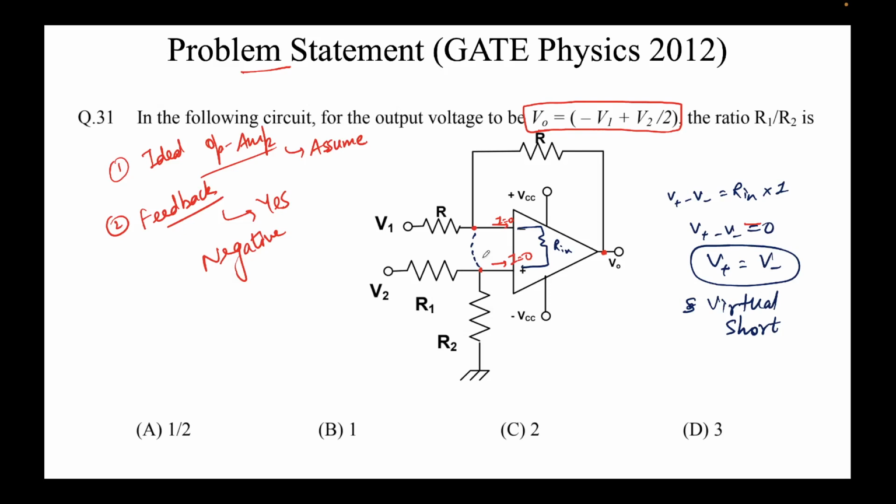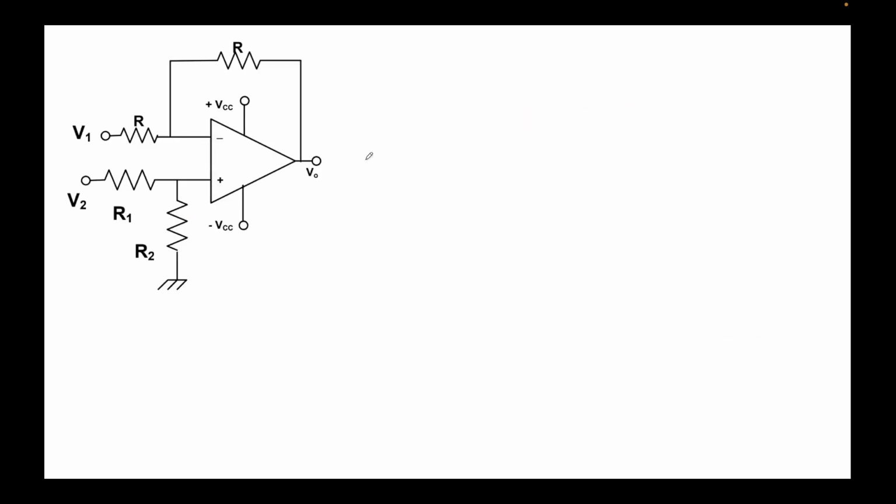We were given the expression for V0 as this. I'll write it down here: V0 equal to minus V1 plus V2 by 2, and we are required to find the ratio of R1 over R2.